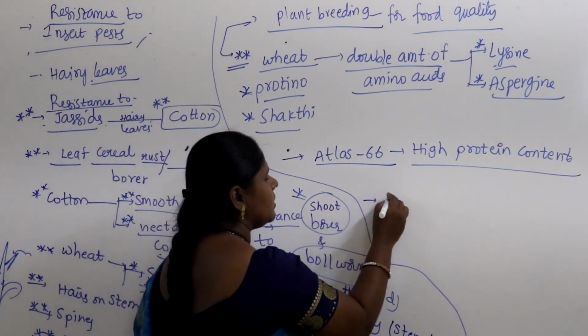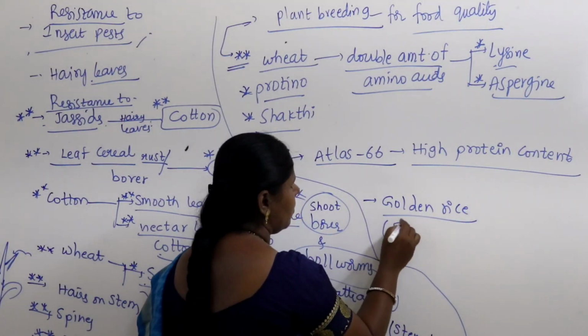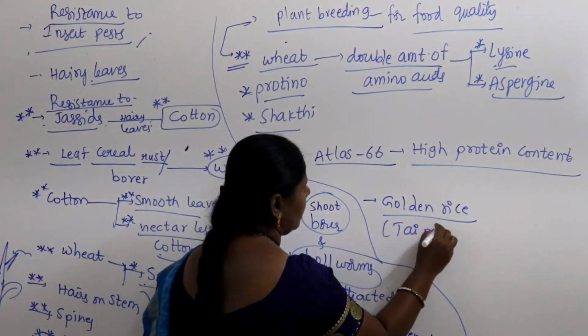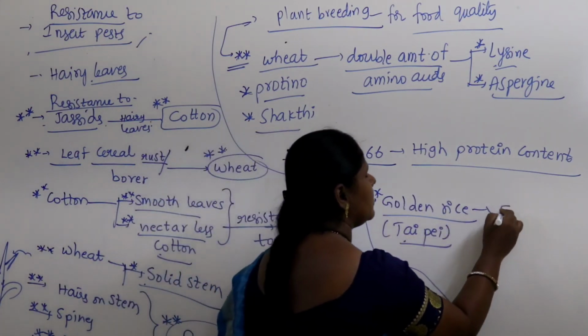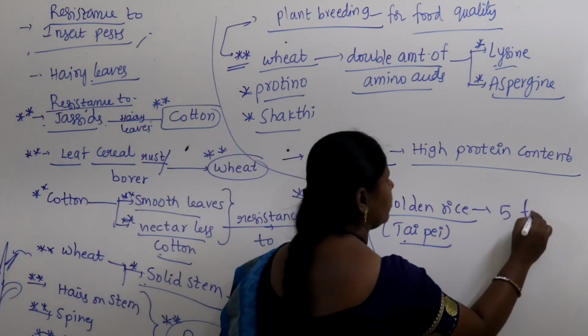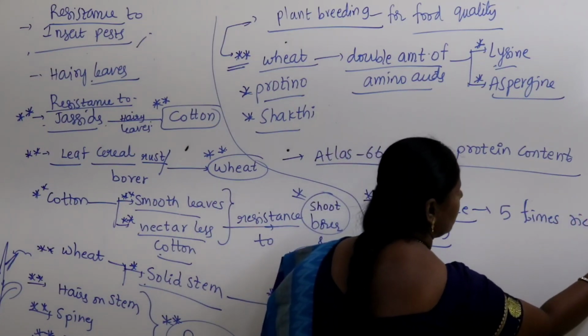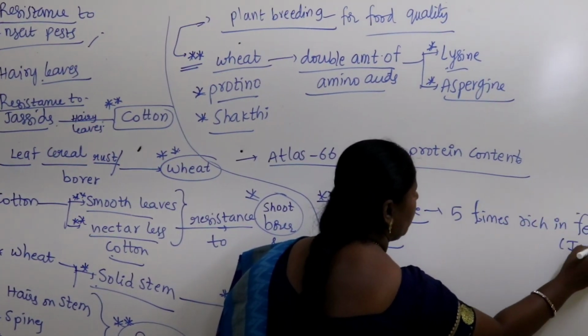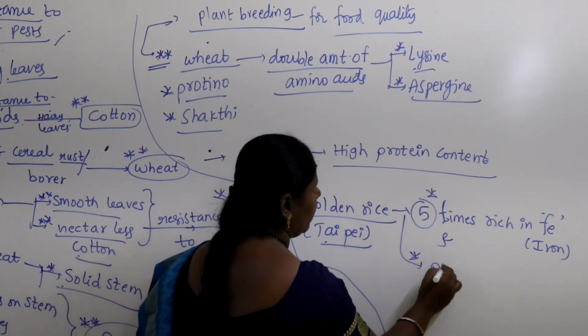Now apart from this, golden rice, it's called Thaipai, right? This golden rice is 5 times richer in iron, and also rich in beta carotene.